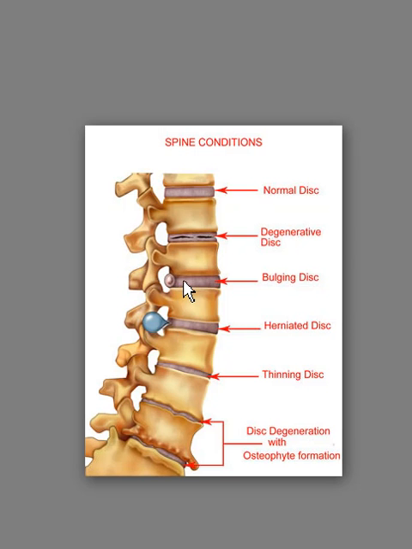A bulge here is where the jelly itself just pushes on the edge of the disc and affects this opening. It's called a foramen, and what usually comes through most of these foramen are nerve endings, and when you see pressure like this, you see an awful lot of pain.